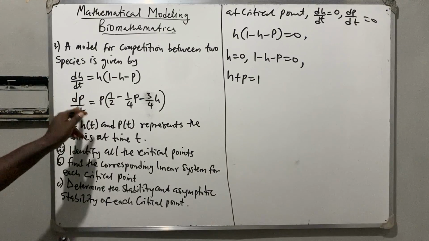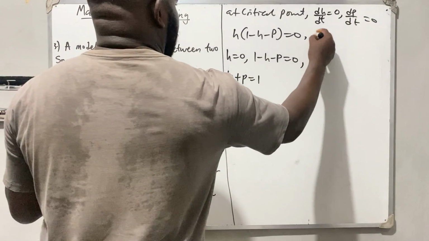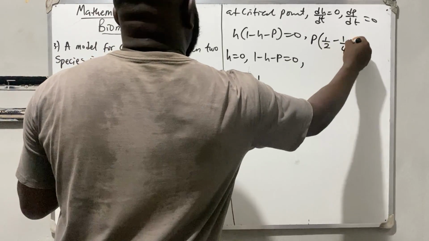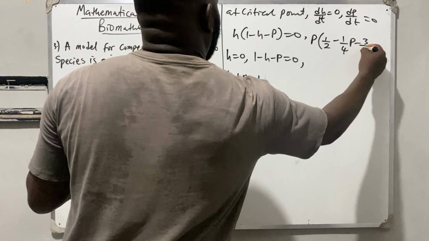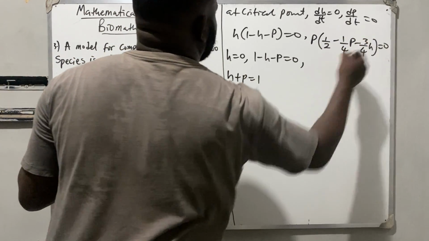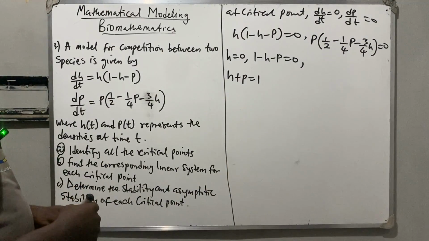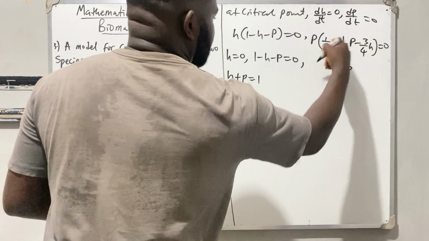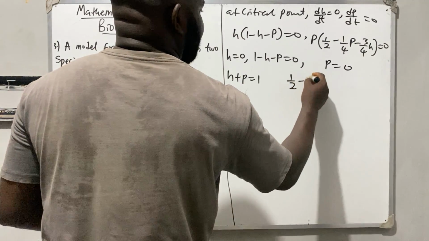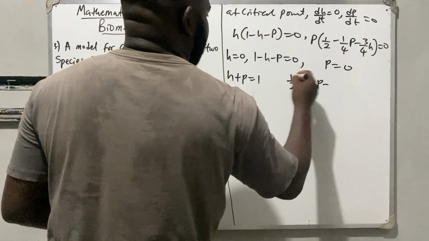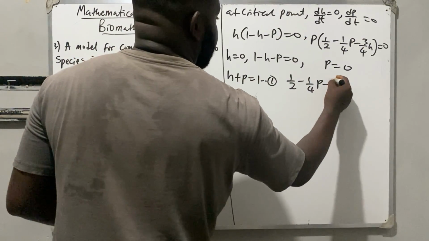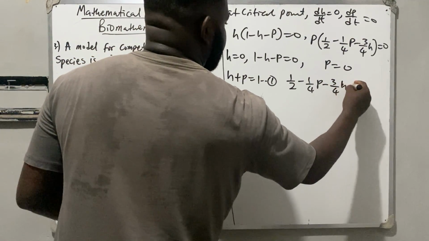The same thing here: this one will be 0. So we'll have p(1/2 - 1/4 p - 3/4 h) equal to 0. When the product of two things is 0, one of them is 0. So either p is equal to 0, or 1/2 - 1/4 p - 3/4 h is equal to 0.